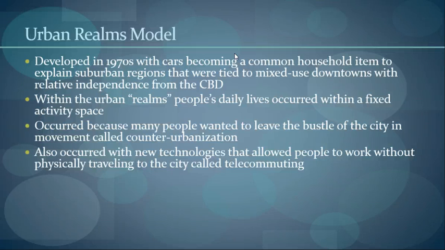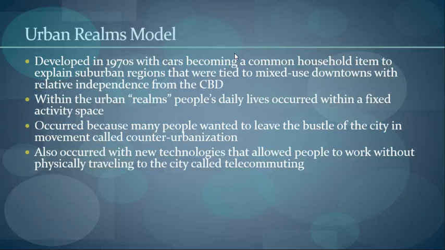All right. Now, as you move away from all of that and you start really developing suburbs, because between the 1940s and the 1970s, right, we see a huge economic boom and the car, right? And so you have this idea of suburban regions really becoming their own little realms and they have fixed activity spaces, and people can spend almost all of their time doing their activities in this little realm, this fixed activity space, okay?